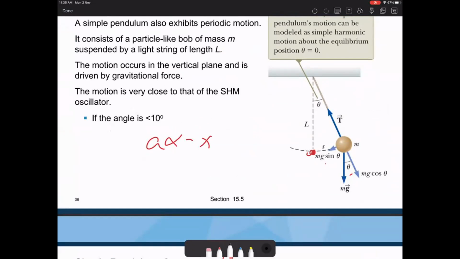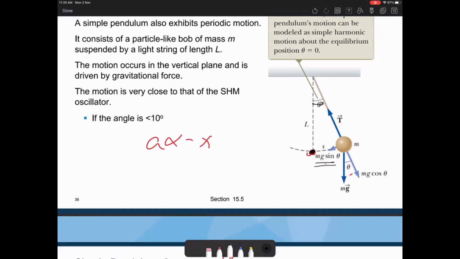So you have this force, mg sine theta, that is responsible for the restoring force. And the inertia is due to the object always trying to return to the equilibrium position whenever it is displaced by an angle theta from the vertical location. This would be the case of the simple harmonic motion in the simple pendulum.